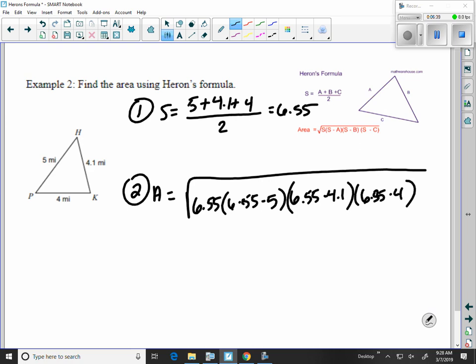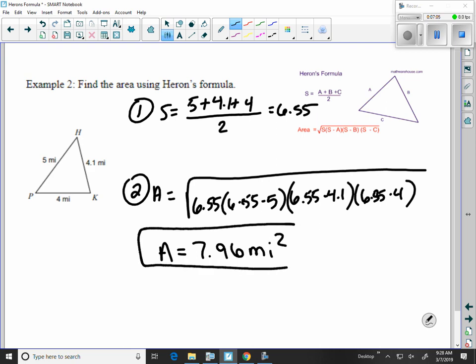All right, you should get 6.554x. 6.55. You agree with that? Okay. Then you put that into your area formula. You should end up with 7.96 square miles.